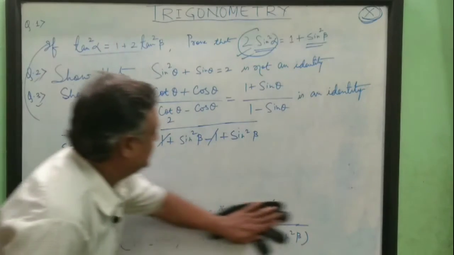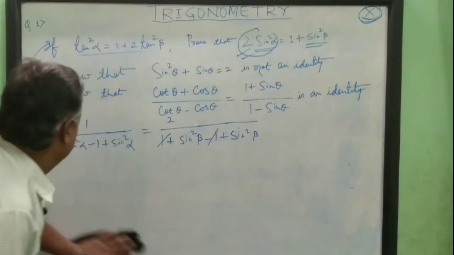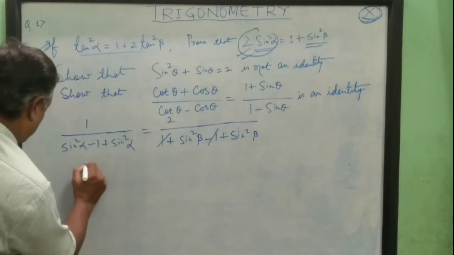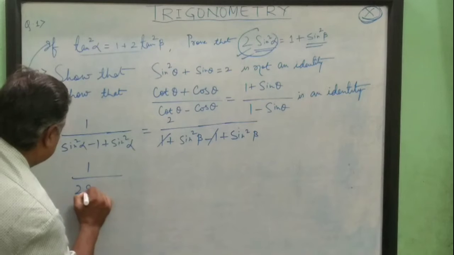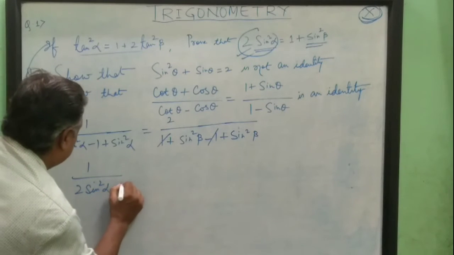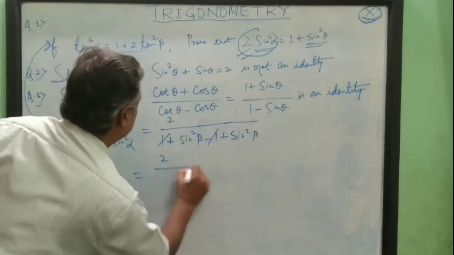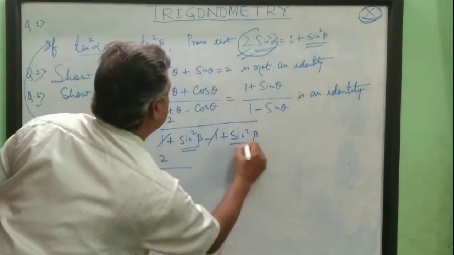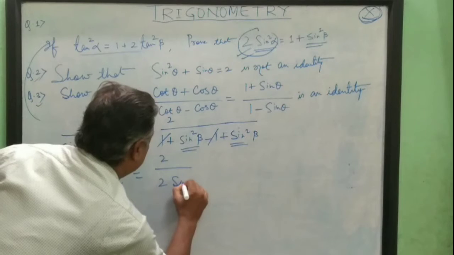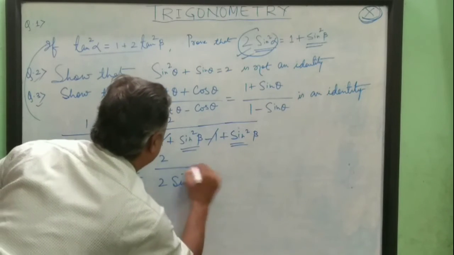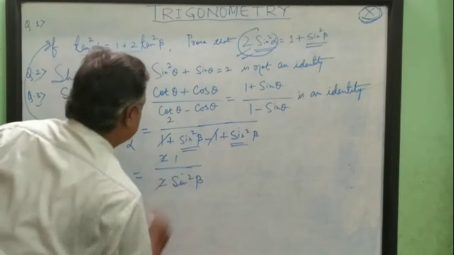So finally we get 1 by 2 sin square alpha minus 1 is equal to 2 by 2 sin square beta. This 2 can be cancelled.